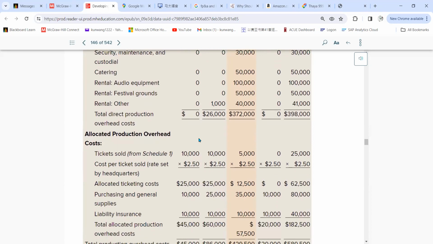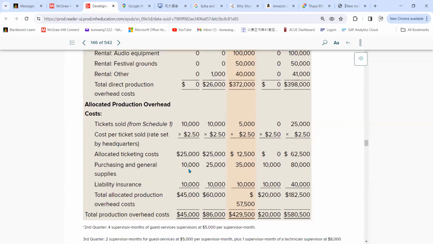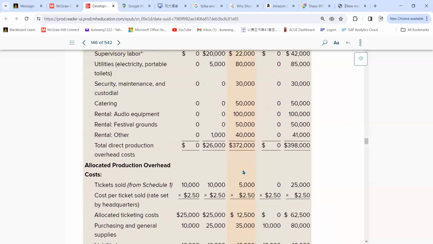Then we have the production overhead cost, the ticket is sold. You can see the commission, right? So related to the ticket sales and the purchasing and the general supplies, we also incurred from the very first quarter, second quarter, and the third quarter.